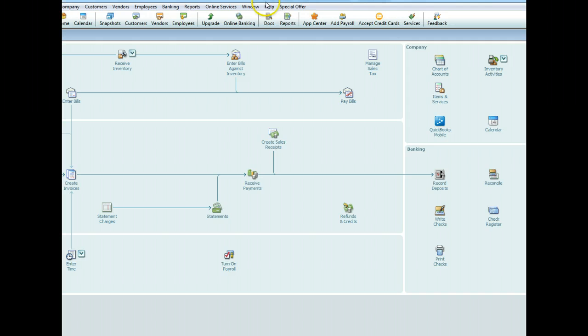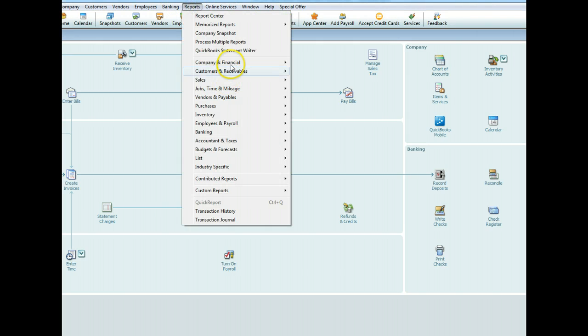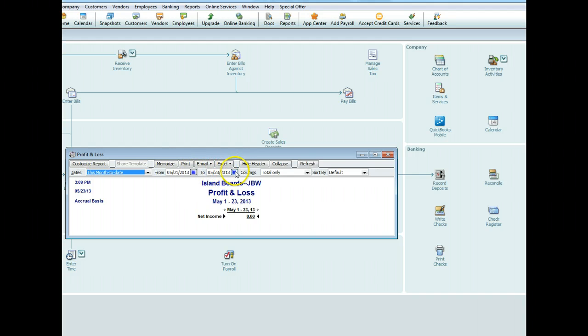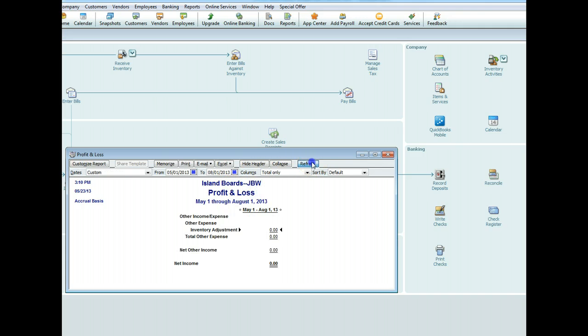And if I had any question, I would go to reports, company financial, profit and loss. I would make sure that I was looking from whenever I started to, it's now July 24th. So I'll go past that. And I look at it and I want to make sure inventory adjustment is 0.